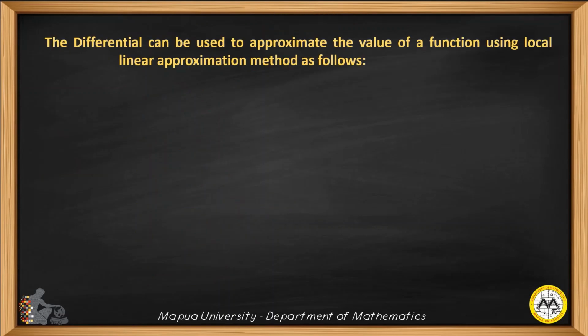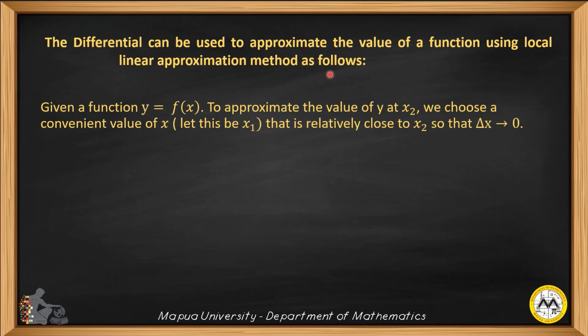The differential can be used to approximate the value of a function using the local linear approximation method described as follows. If we are given a function y equals f of x, to approximate the value of y at the value x sub 2, we choose a convenient value of x to start with.